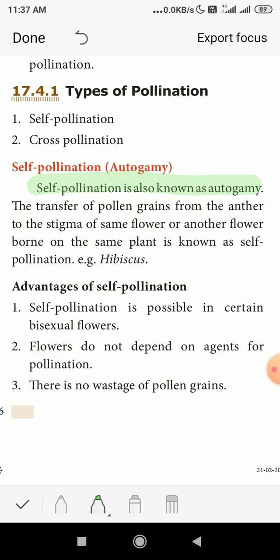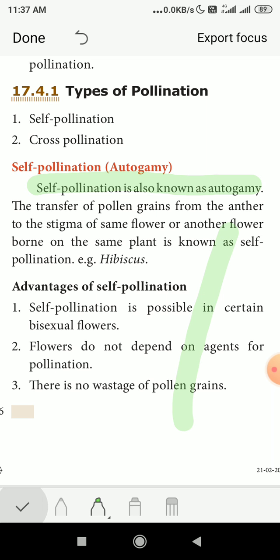When wind blows or an insect moves from one flower to another flower of the same plant, the pollen grains fall on the same flower or another flower of the same plant, so they are not wasted. That is known as self pollination. These are the advantages of self pollination.